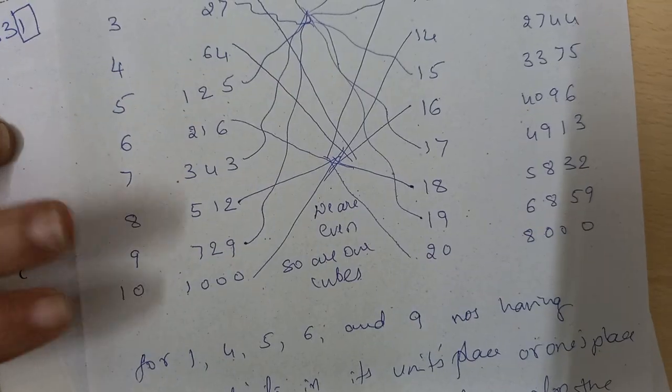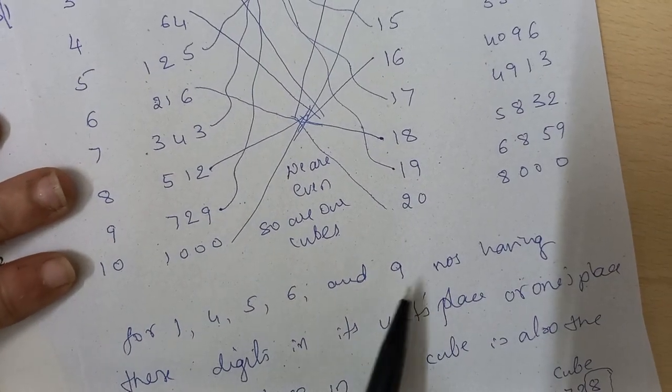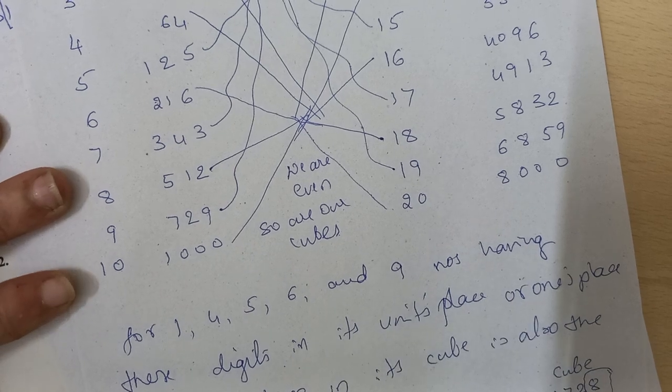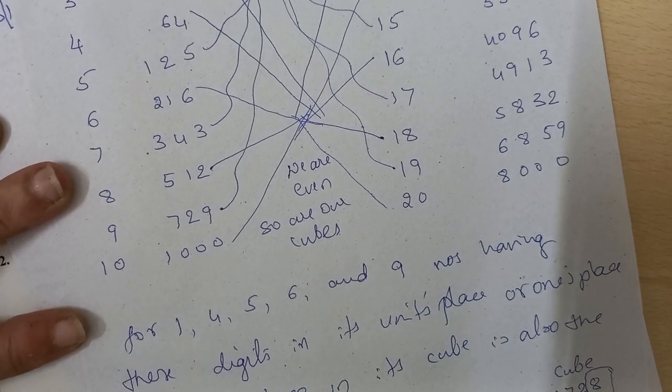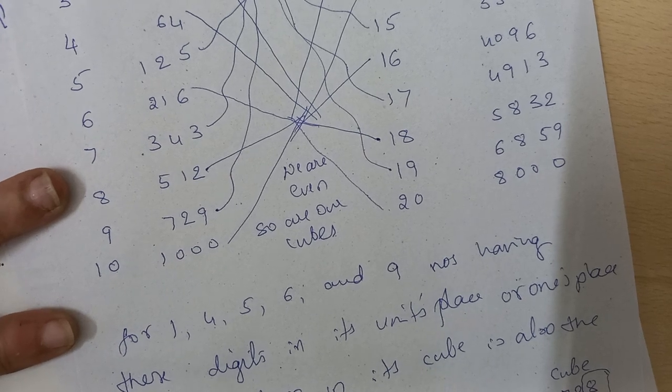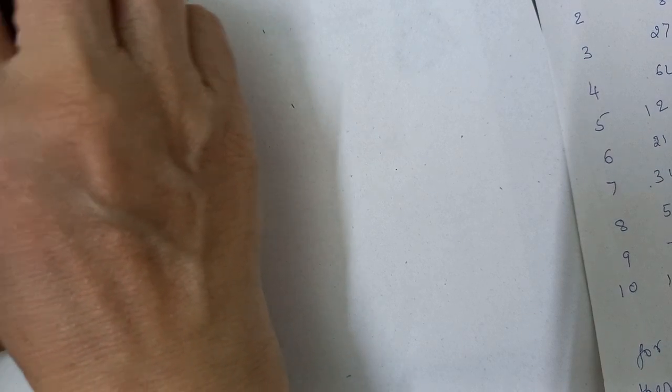So just now we studied that for 1, 4, 5, 6 and 9, numbers having these digits in the units place or ones place, the ones place in its cube is also the same. Ones digit of the cube of each of the following numbers.